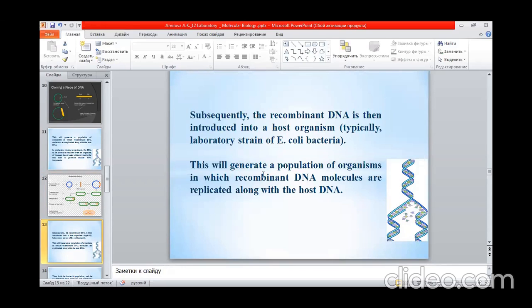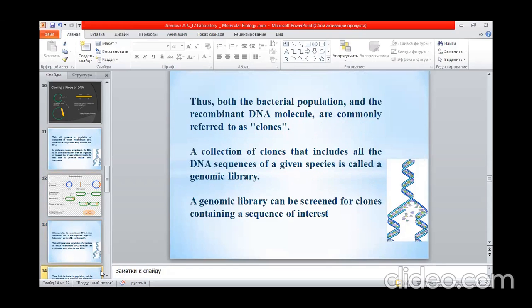This will generate a population of organisms in which recombinant DNA molecules are replicated along with the host DNA. Thus, both the bacterial population and the recombinant DNA molecule are commonly referred to as clones. A collection of clones that includes all the DNA sequences of a given species is called a genomic library.